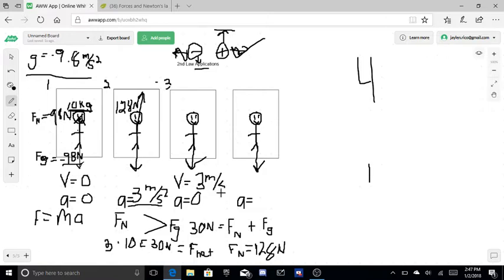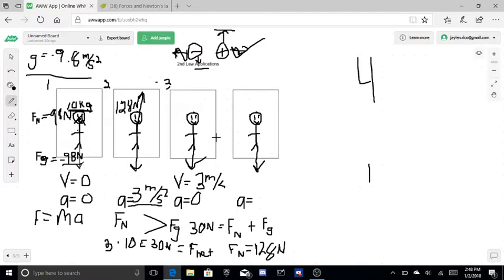To find this normal force, it's quite simple, because at stage 1 and 3 the normal forces are equal. With constant velocity inside an elevator, you have no point of reference.